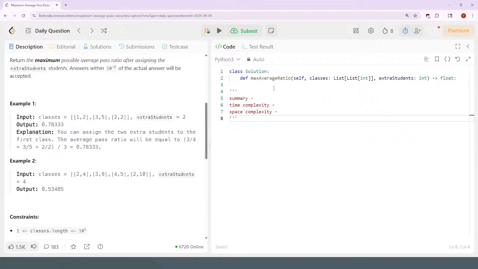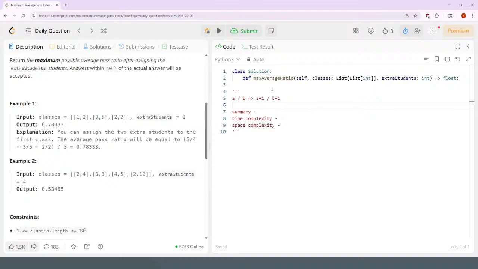So let's say that a certain class has A over B, and then if you assign it, it becomes A plus 1 over B plus 1. Would you just try to always increase? Would you always assign students such that this number increases as much as possible?